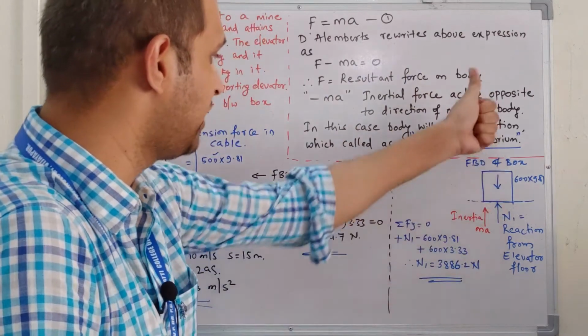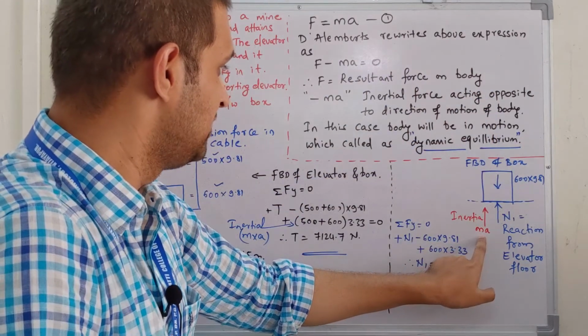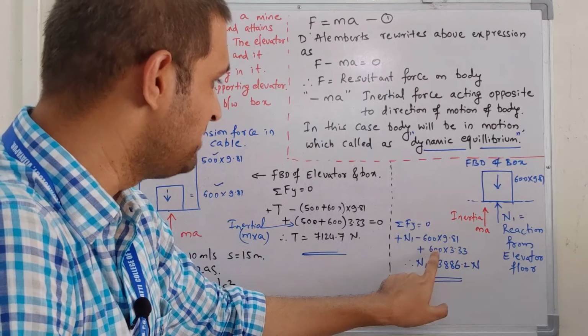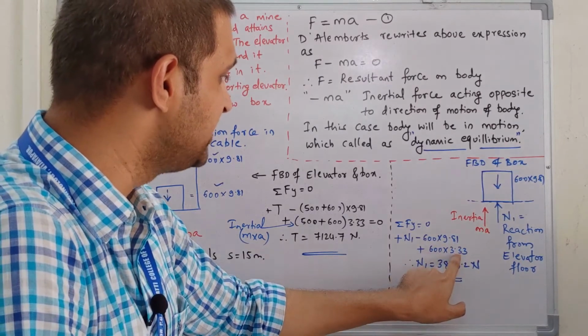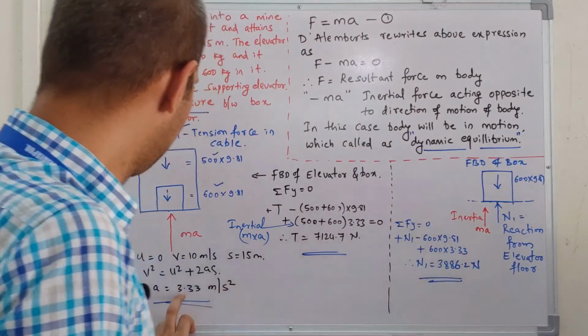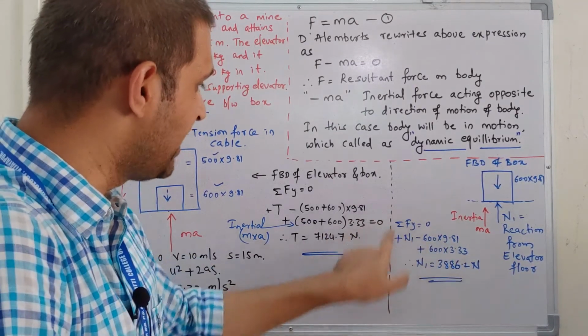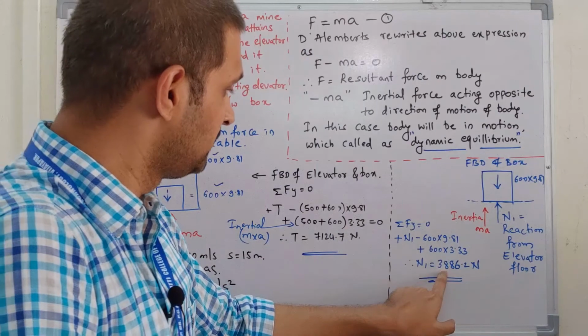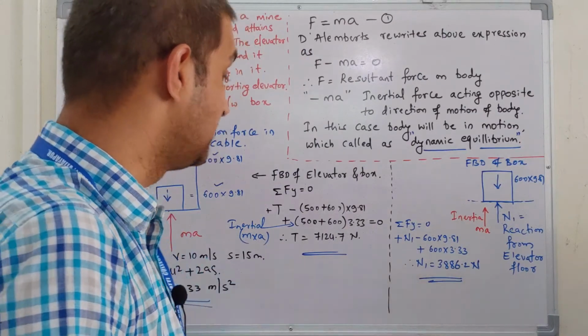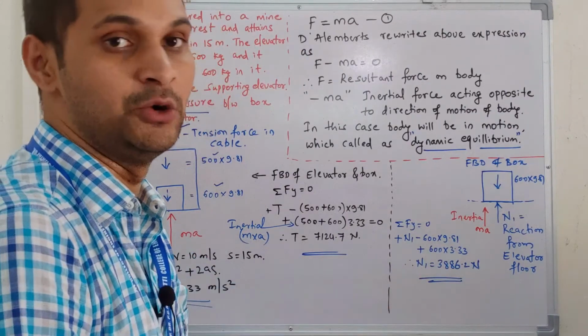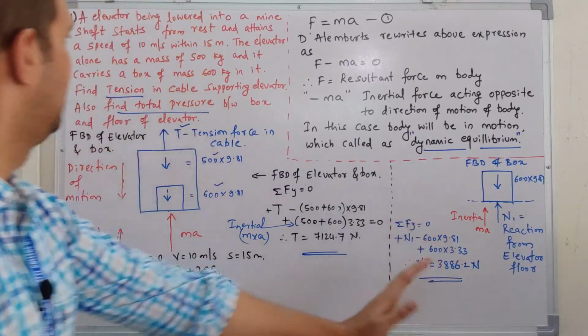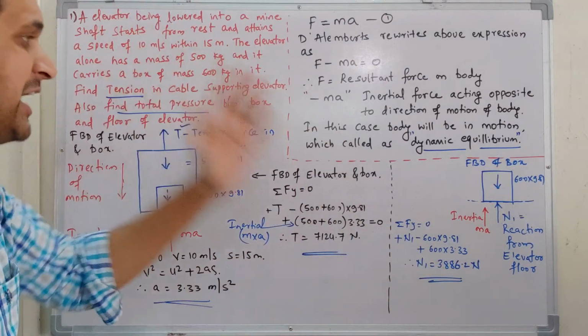Hence it is also subjected to inertial force MA, which will be calculated as M is 600 into acceleration 3.33. Now when you solve for N1, you will be getting the value as 3886.2 newtons. So you can cross check, and we can solve similar kinds of problems.